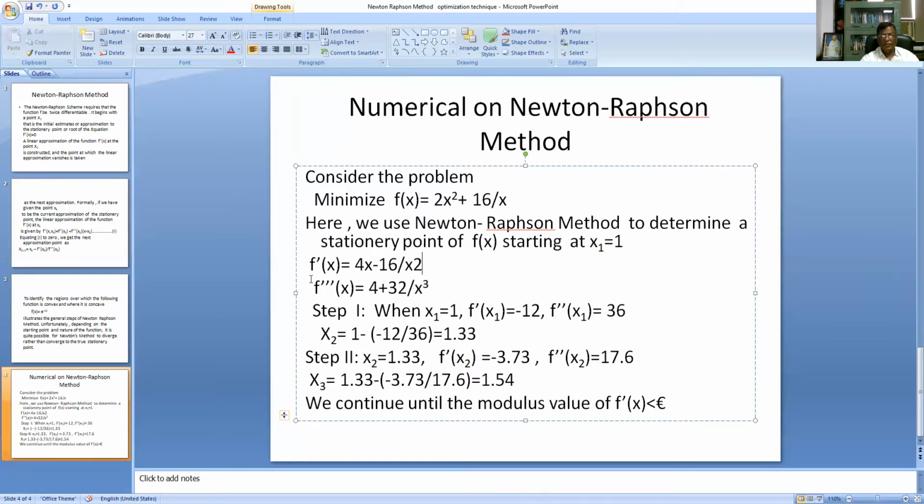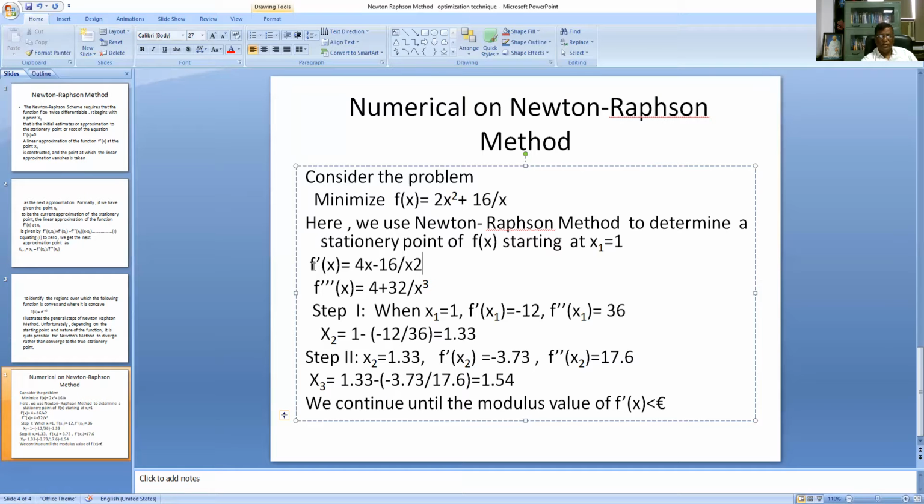F double dash x, the second derivative, will be 4 plus 32 upon x cube. It is clear. And in step 1, what you have to do, we are taking the initial value x1 is equal to 1. So f dash x1 is what?